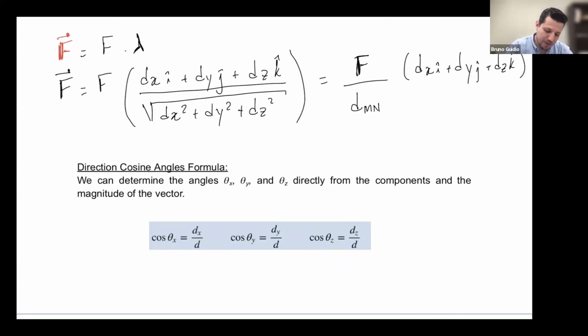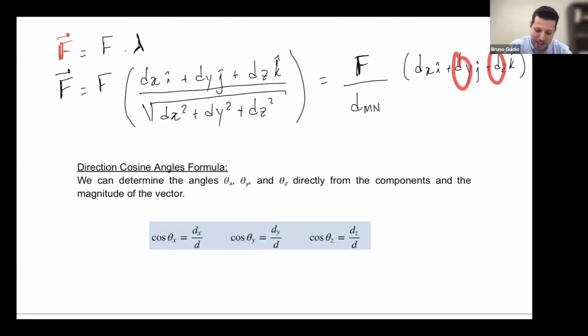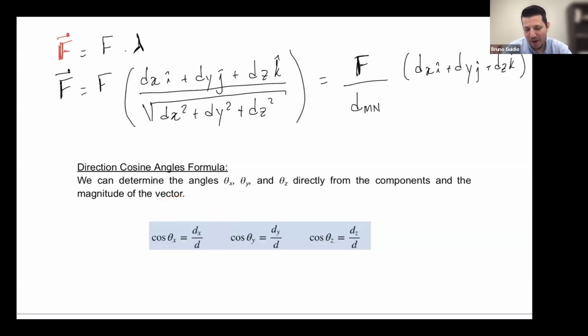Just to tell you, from this dx, dy, dz, I can simply find the cosine of those angles. In other words, once we divide dx by this magnitude, we are finding the cosine of theta x, because it's the direction.